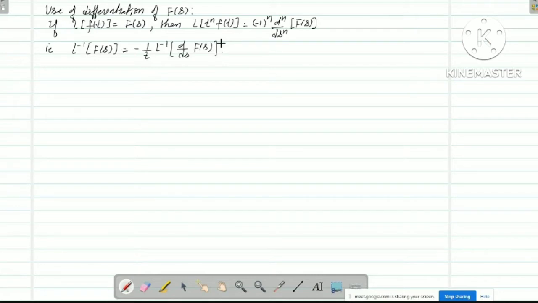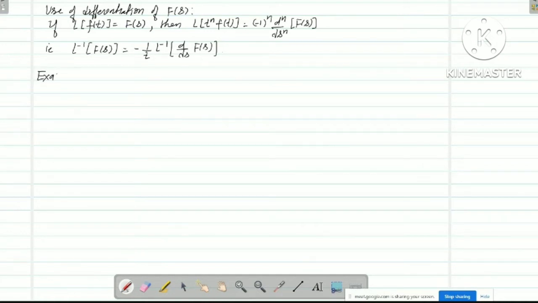Okay, so let us see the problem, how to find inverse Laplace transform by using this formula. We have already studied on yesterday. So let us see more examples based on this.